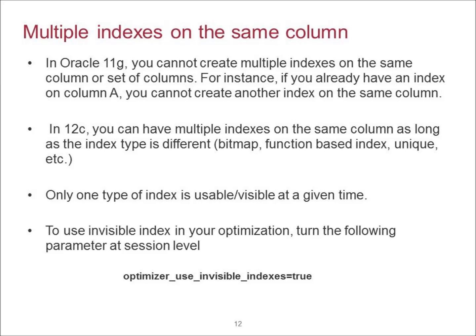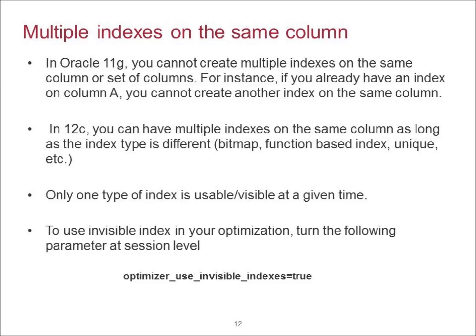So for instance, if you have a column or a set of columns on which you want to create two different indexes, you couldn't do that. But in 12c it will now allow you to create multiple indexes on the same column, as long as the index type is different.